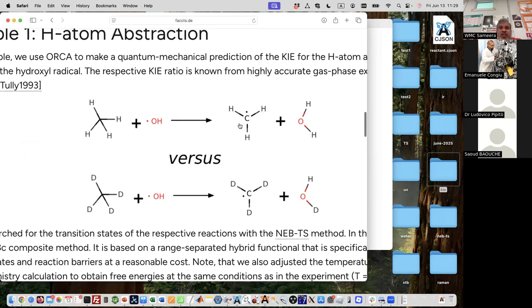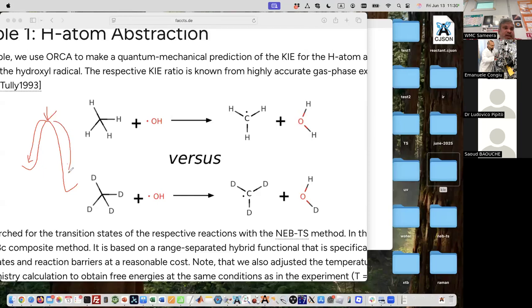So you get the NEB calculation done, and then you have the transition state. Then you perform the IRC calculation to get the approximate product and the reactant, and then you can optimize it to get the reactant and the product, and you have the transition state. So in this way you can get the barrier here. Okay, delta G. You know how to do it now.